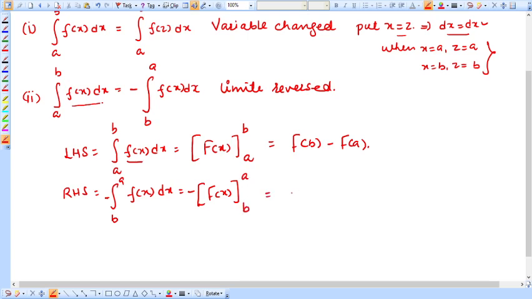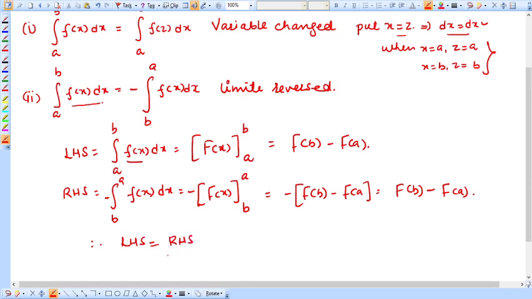Then it would be equal to F of a minus F of b, and multiplying throughout by the minus sign, you get F of b minus F of a. Therefore it is easily figured out that left hand side is equal to right hand side.